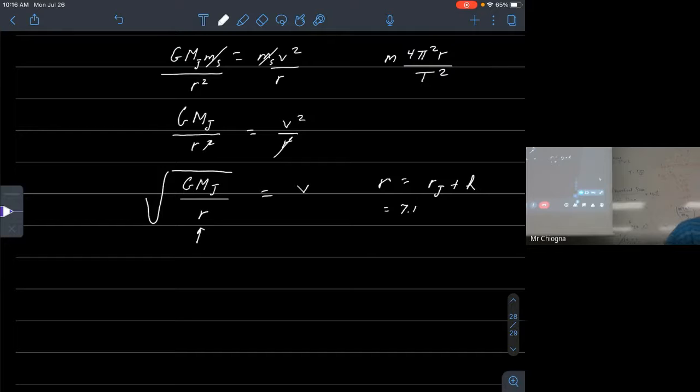Radius of Jupiter is given as 7.18 times 10 to the 7, plus the height, 5.6 million meters. That's your R, and that's going to go in here.